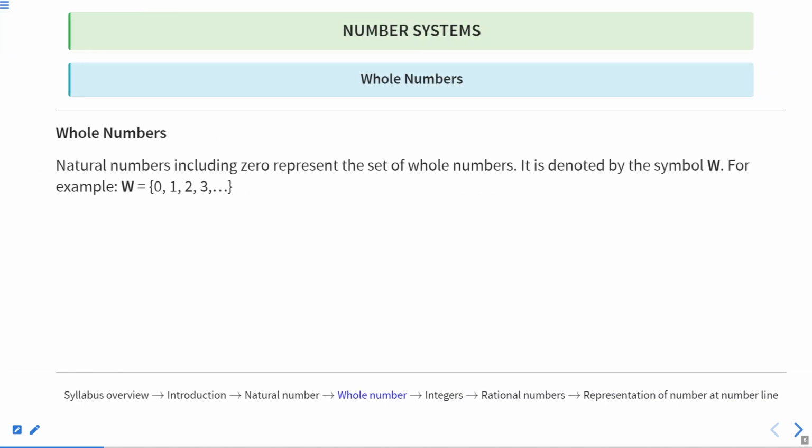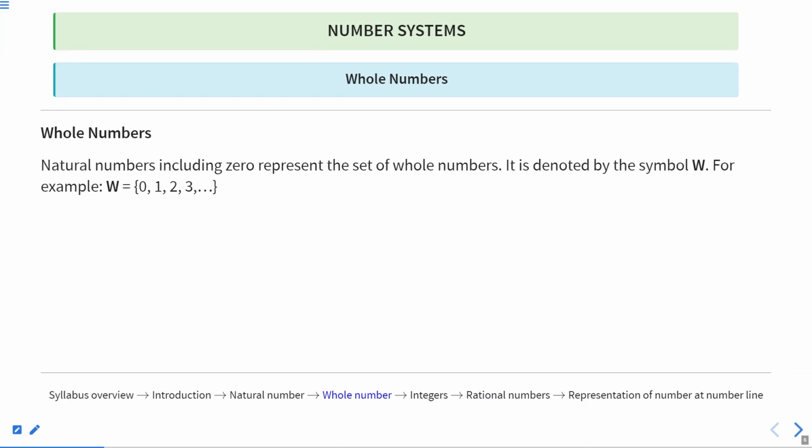Now let us move to whole numbers. What is a whole number?